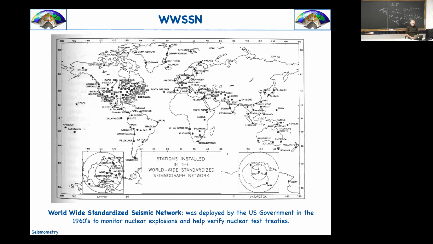But by the way, what that means is that we have a worldwide seismic network, and this is one of the pictures. Well, you should say, wait a second, that's not the whole world, it's half. Oh, yes. But actually, there was also another network on the other side, but the acronym is referring to this one.